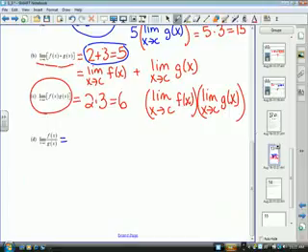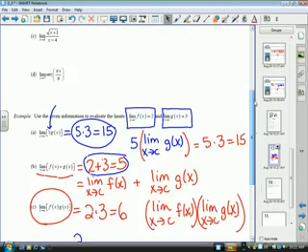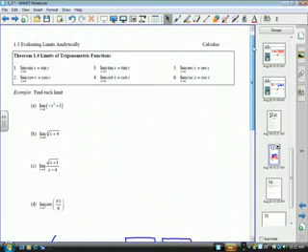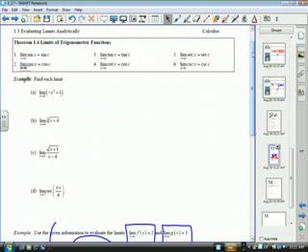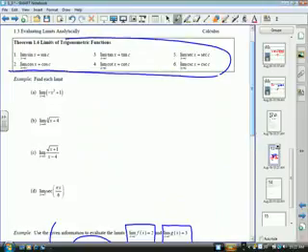And what do you think this one will be? 2/3. So are we okay on that? All right. Now on the top of that page, what in the world do you think this is telling you with these trig functions?